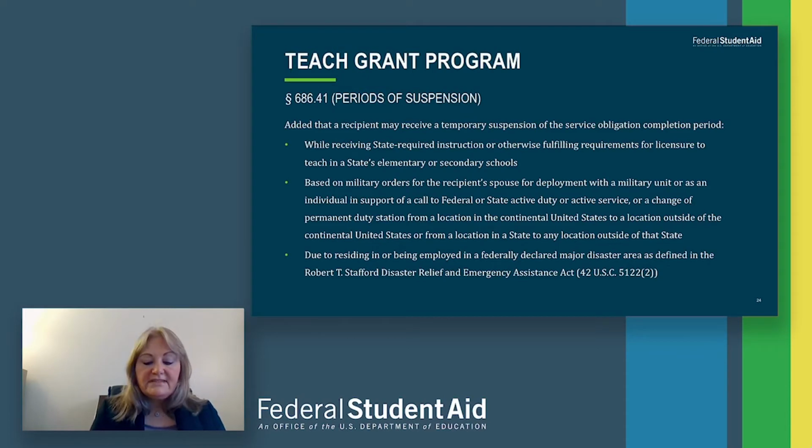We also added a new suspension condition that allows a recipient to request a suspension of the service obligation period due to being based in or residing in or being employed in a federally declared major disaster area.